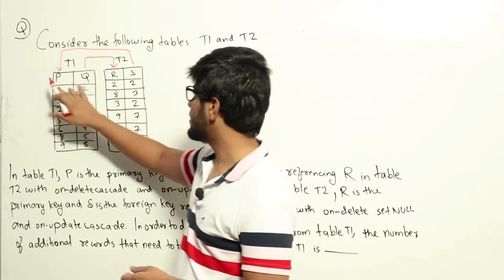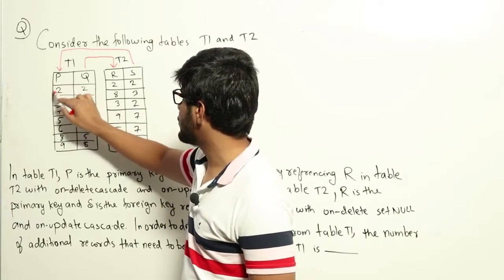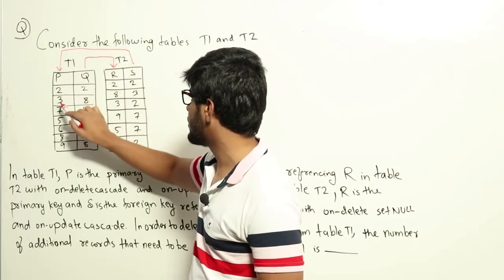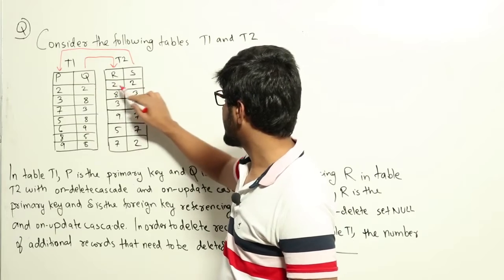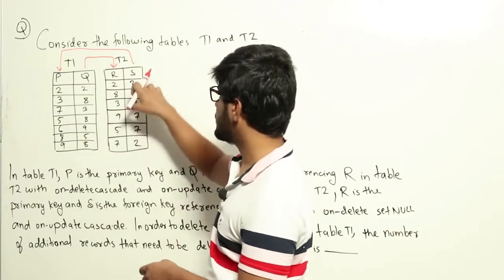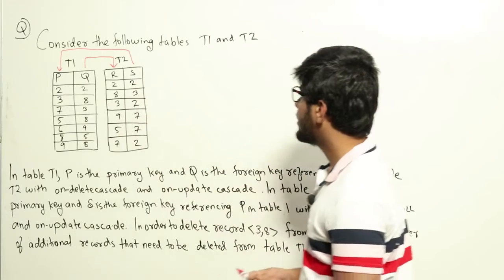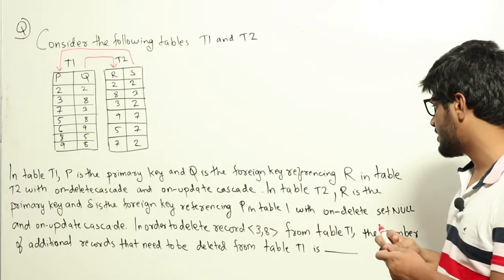Okay, so if I am deleting 2, 2, let us say, so whoever is referencing 2 here, see S is referencing P column here, so whoever is referencing 2 here, that is this row only, 2, 2 is referencing 2 here, that row's S value should be set null, that is called on delete set null. So with this information, let us look at the question.